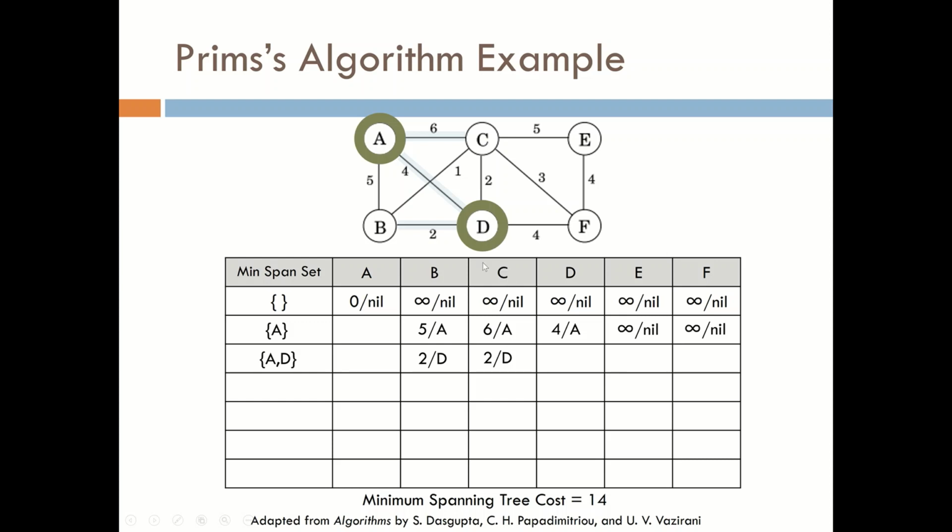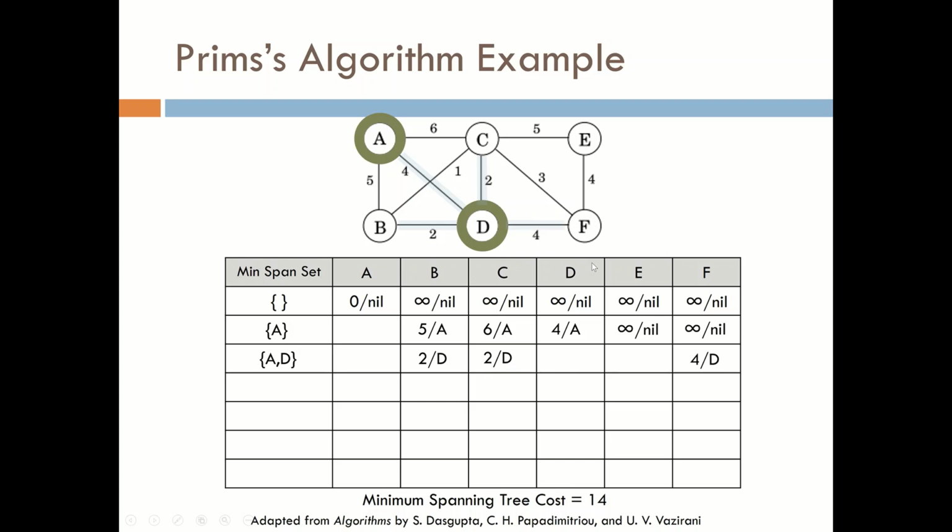So now that D is part of the tree, the minimum spanning set, I can add other nodes that connect through D. So we'll swap that out. And D can also improve F's condition. F was previously at infinity, and we can now connect F to this whole tree at a cost of 4.